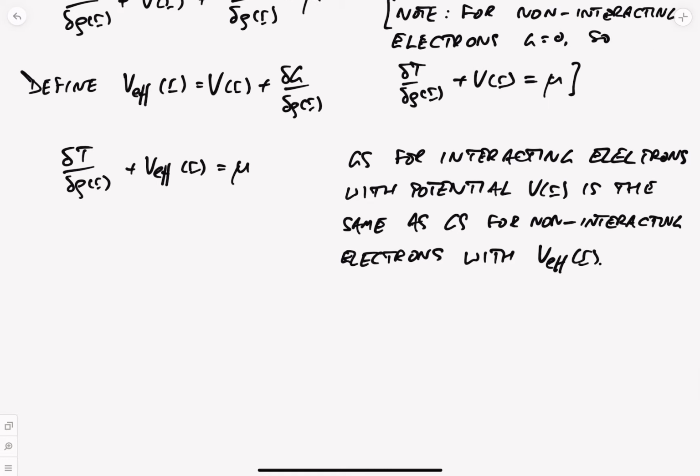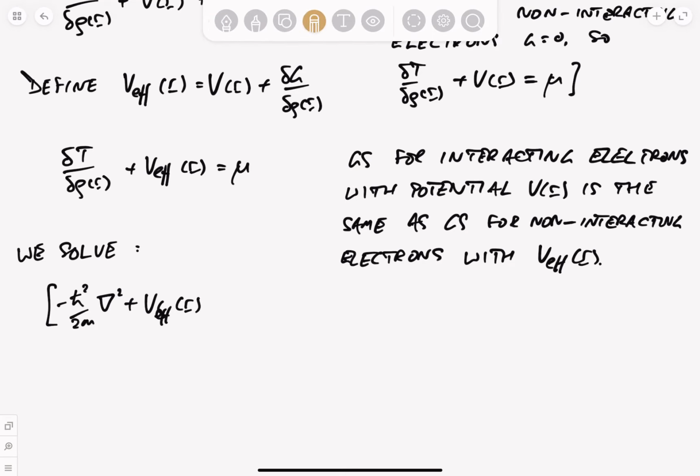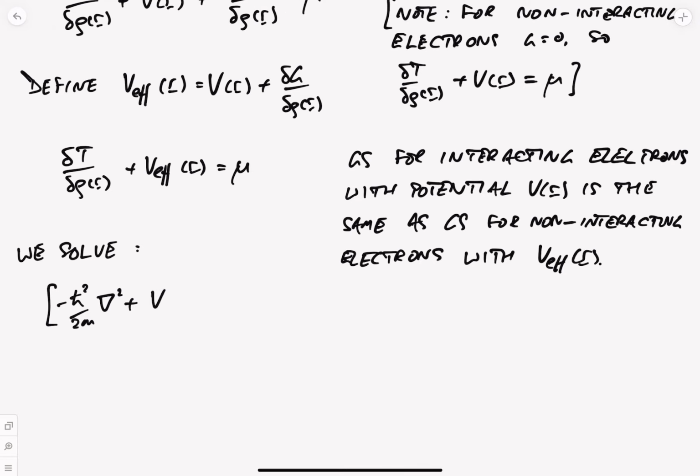What we do is the following. We solve the simple Schrödinger equations as follows. You have minus h bar squared over 2m del squared plus V effective of r, psi n of r is equal to epsilon n psi n of r.